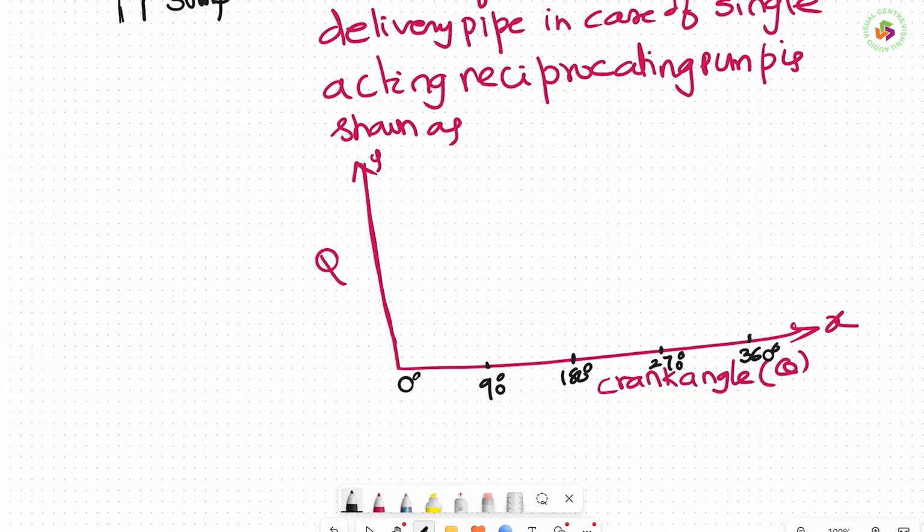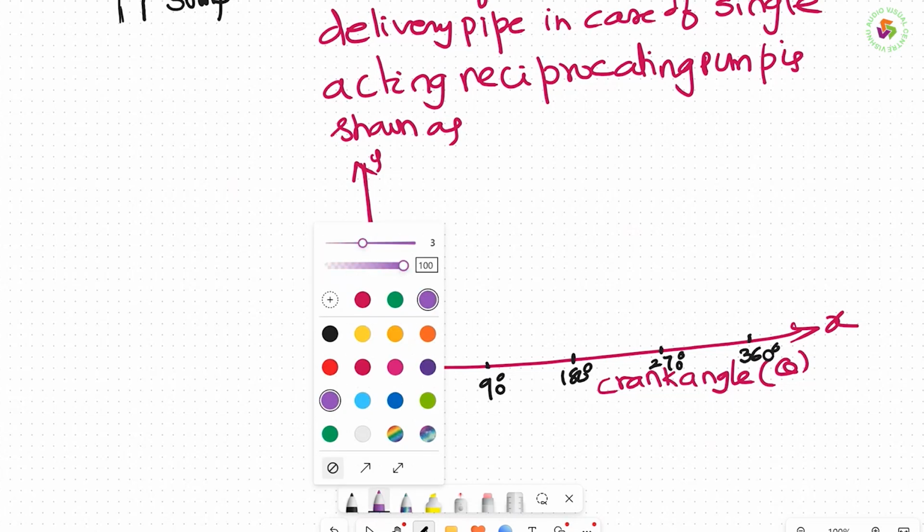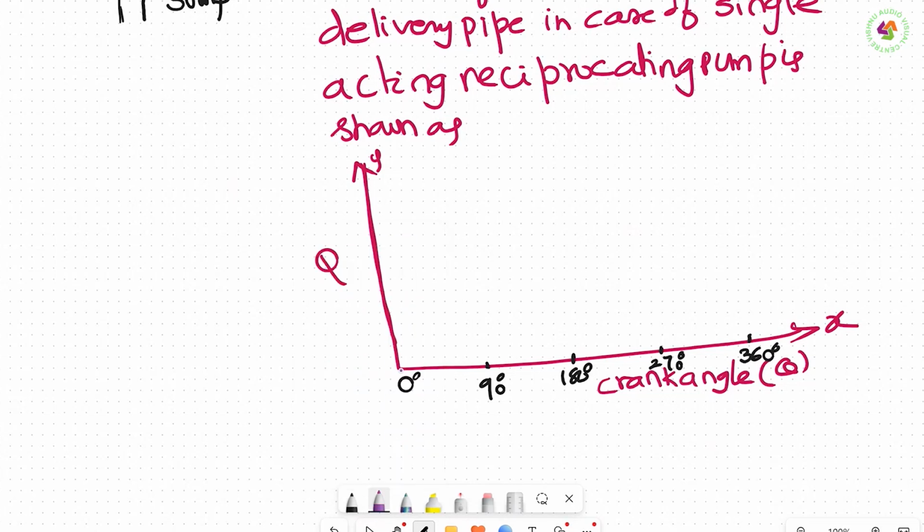How will it run? During the first suction stroke, only the liquid is being sucked.